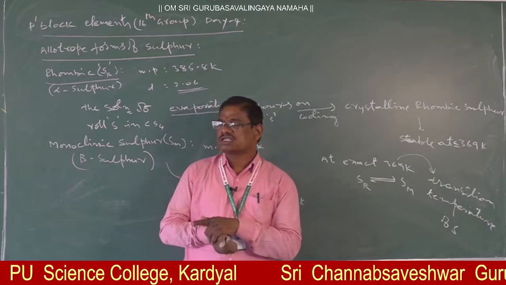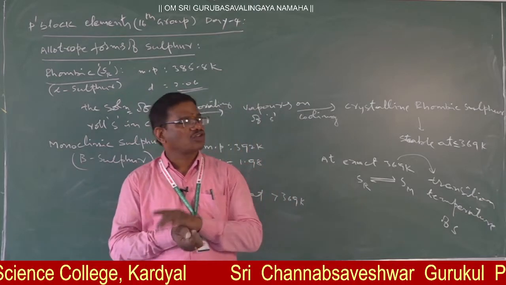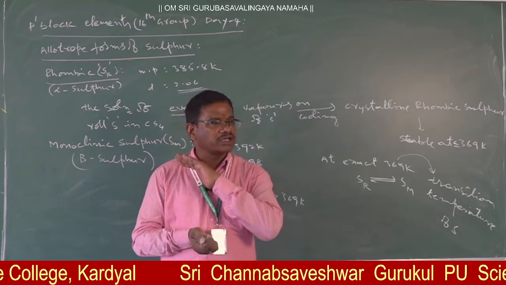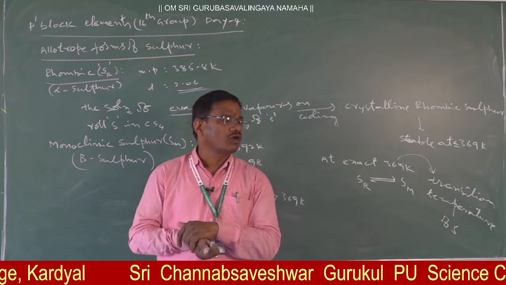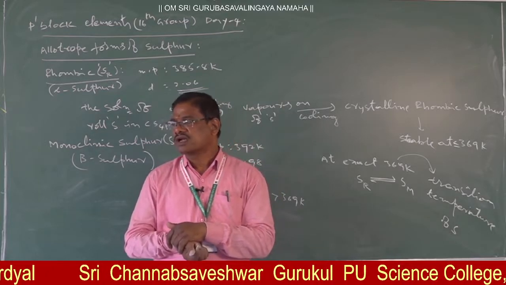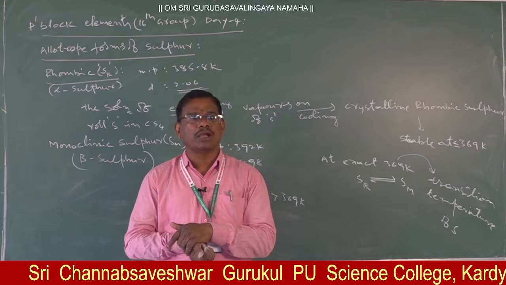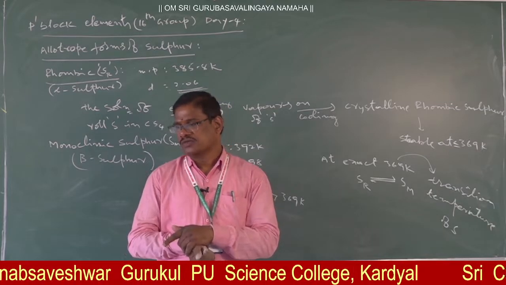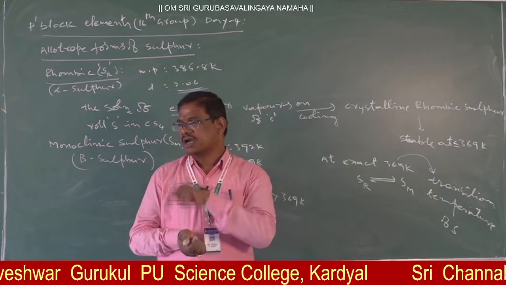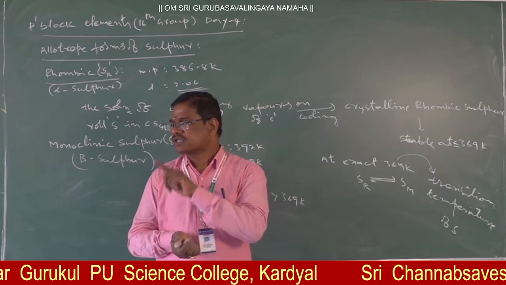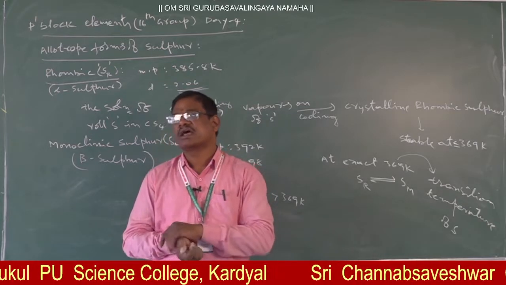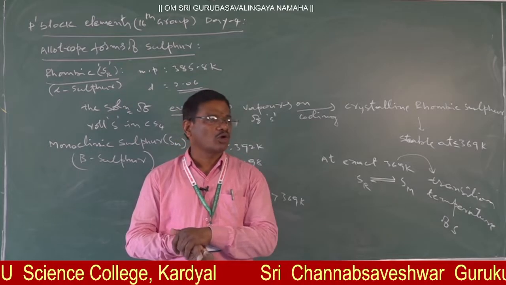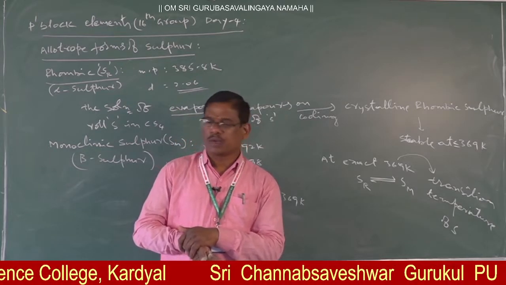Clear? This rhombic sulfur is insoluble in water. Even monoclinic sulfur is also insoluble in water. But rhombic sulfur is partially soluble in benzene, ether and alcohol, whereas monoclinic sulfur is soluble in carbon disulfide.